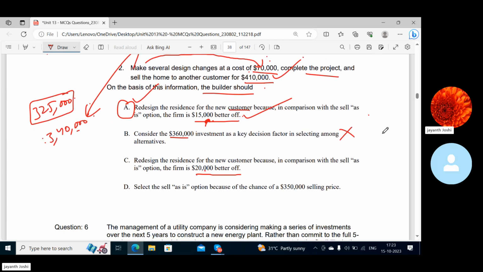Even if I want to sell as is or if I want to redesign, I have to spend 360. So how am I taking the decision? Am I getting 20,000 extra or only 15,000? If I redesign, 15,000 is of no use, I am getting 325.